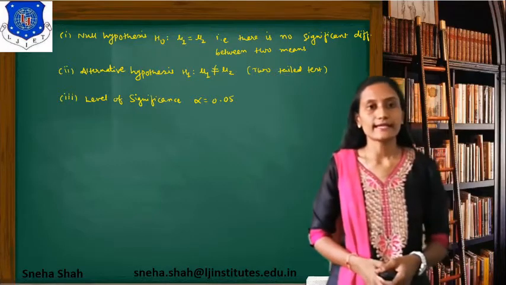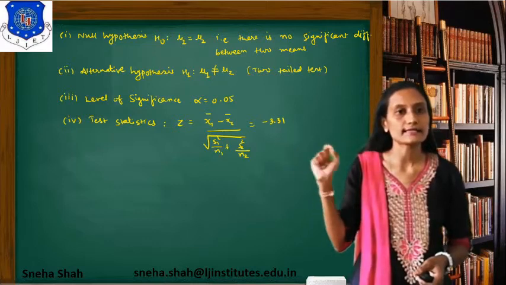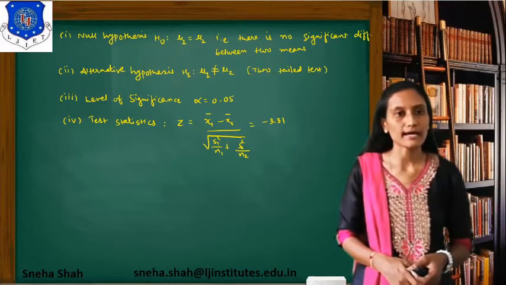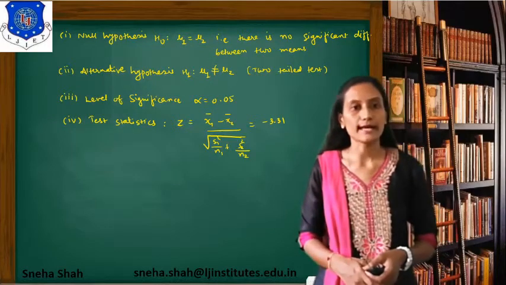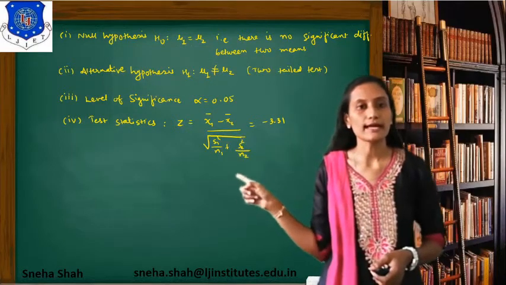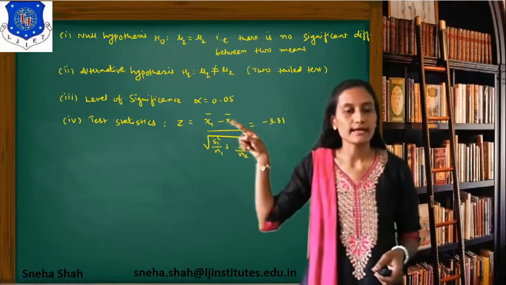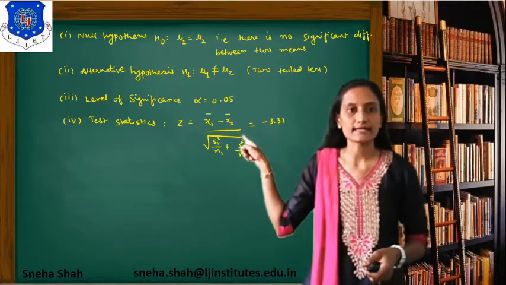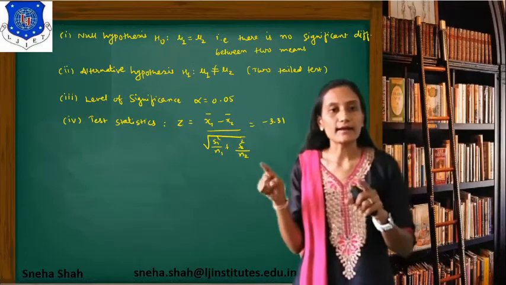Now we find the value of the test statistic: z equals x1 bar minus x2 bar upon under root s1 square upon n1 plus s2 square upon n2. Putting all these values in this equation and solving, the answer equals minus 3.31.